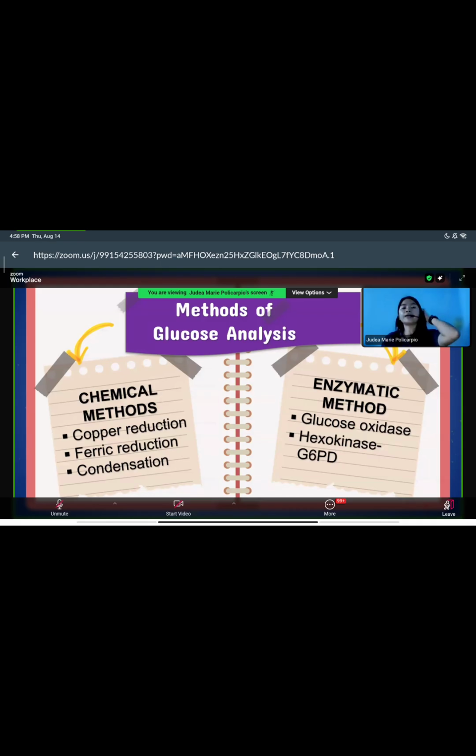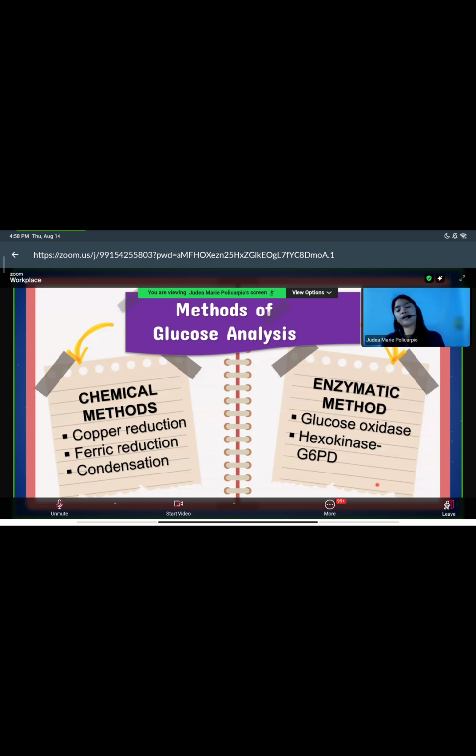Marami tayong enzymatic method pero may dalawang madalas na naglalaban: glucose oxidase at saka hexokinase coupled with your G6PD. And recall question, sino na nga sa kanilang dalawa yung reference method natin for glucose analysis?